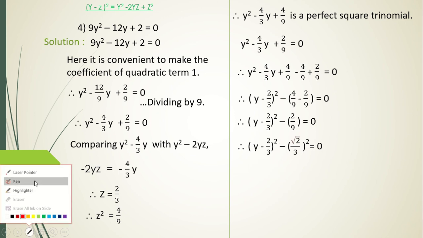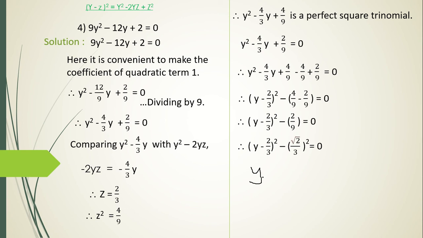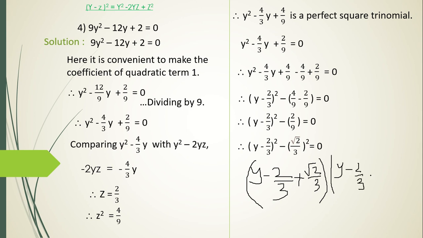So the factors of this should be a plus b, where b is root 2 upon 3, and in the other bracket a minus b, where a is y minus 2 upon 3, is equal to 0. These are the two factors.